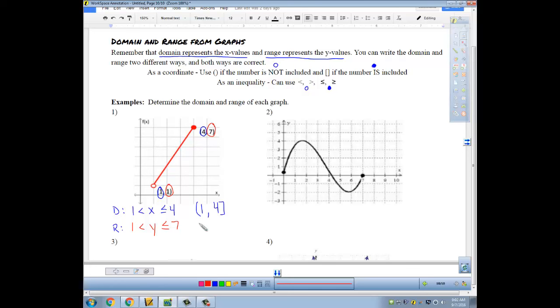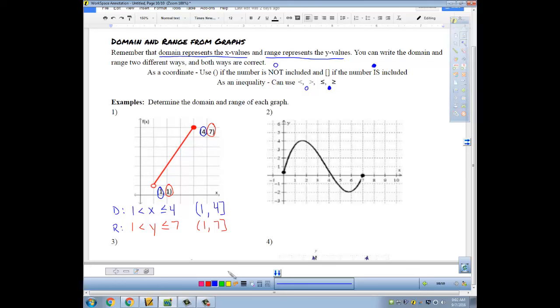As a coordinate, we would write that (1, 7]. And again, we use a normal parenthesis if it's open and a bracket if it's closed. Okay, so I told you it's going to be weird, so just be patient. It'll make more sense with the more examples we go through.